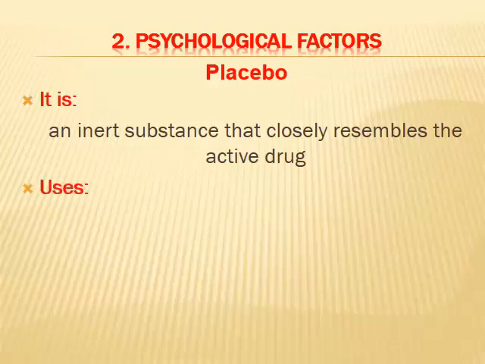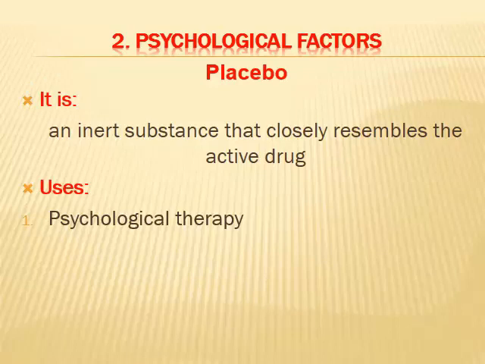It is used to deceive the patient, and makes him feel that he is treated with an actual drug. This is useful in psychotherapy, where the patient is not suffering from any organic diseases, and the placebo is used just to please the patient, and makes him feel that his disease is improved by an actual drug.